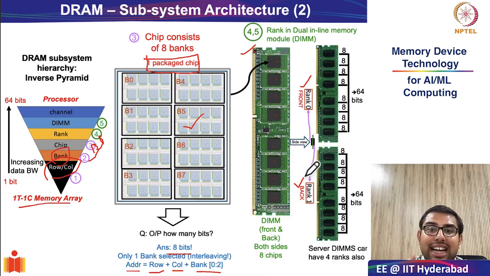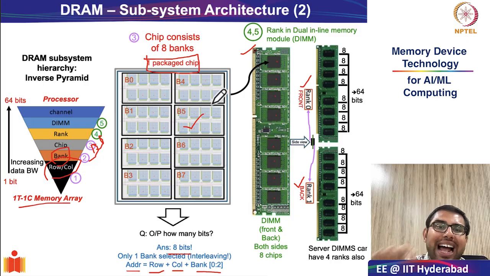Now let's understand the number of bits that form the output of each rank. As we discussed just a few minutes earlier, 8 banks make up one package chip.